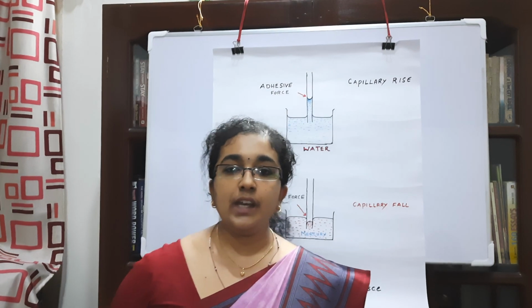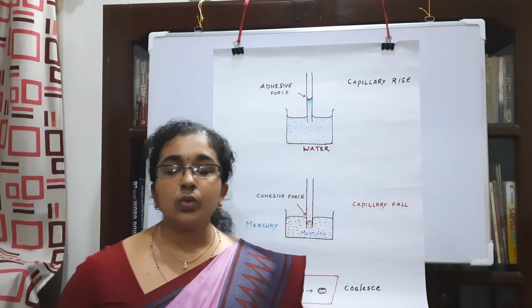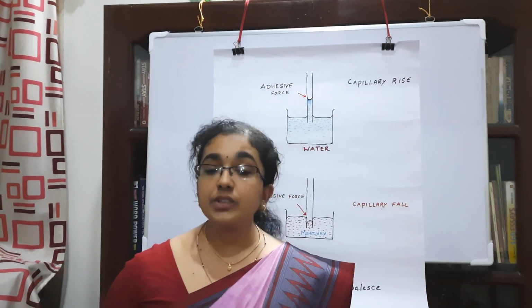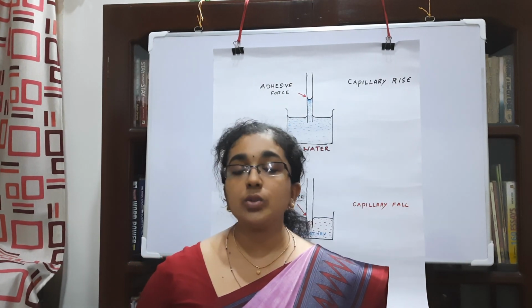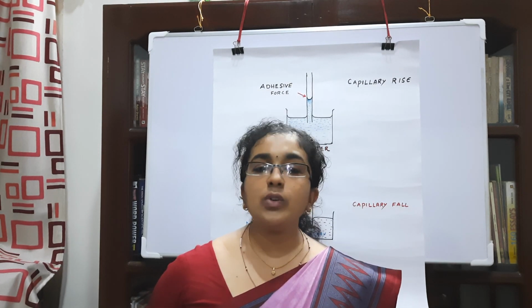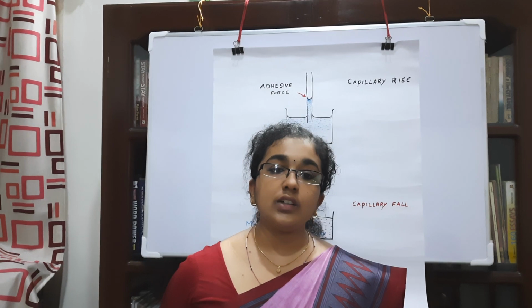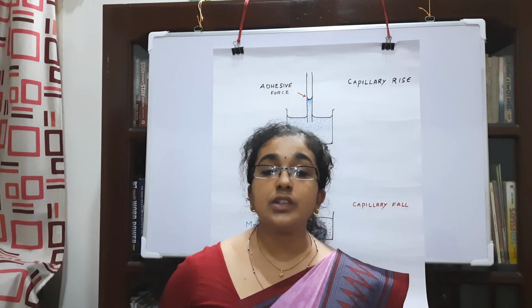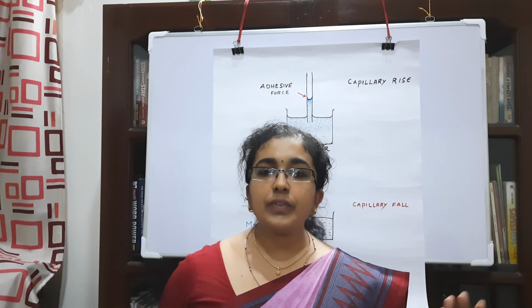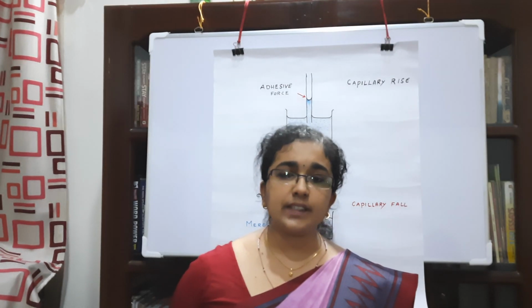Now next we are moving on to the factors affecting the capillary rise of water. First of all, it is the diameter of the capillary tube. I think we have already discussed that.